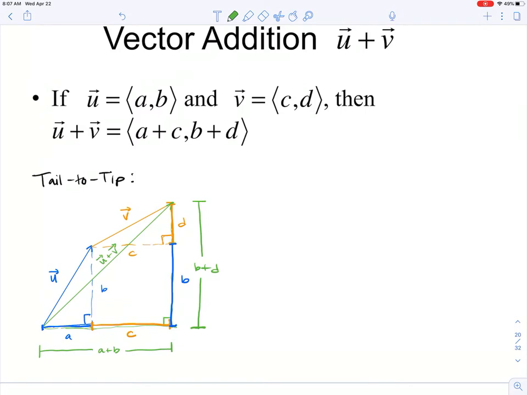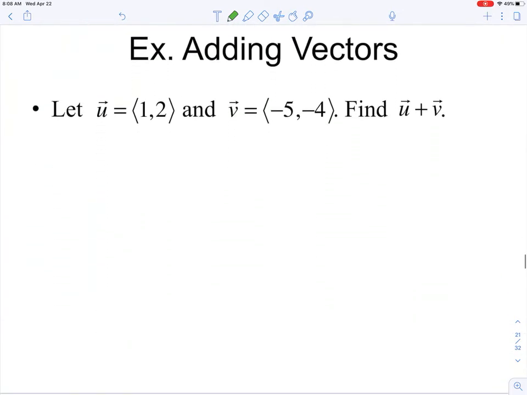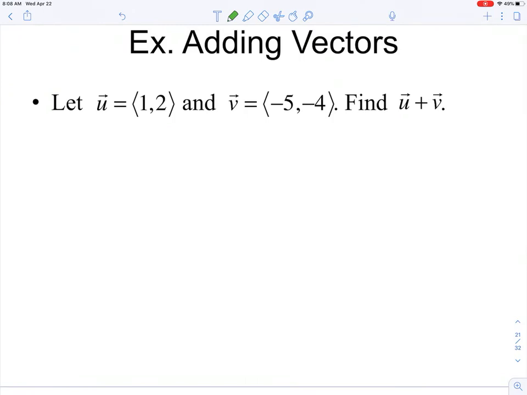So if you have two vectors in standard position, remember for any vector you can determine the vector in standard position, and if you're trying to add the two vectors, you just add their horizontal and vertical components. Okay, so these two vectors are in standard position. We want to find the resultant vector, u plus v.